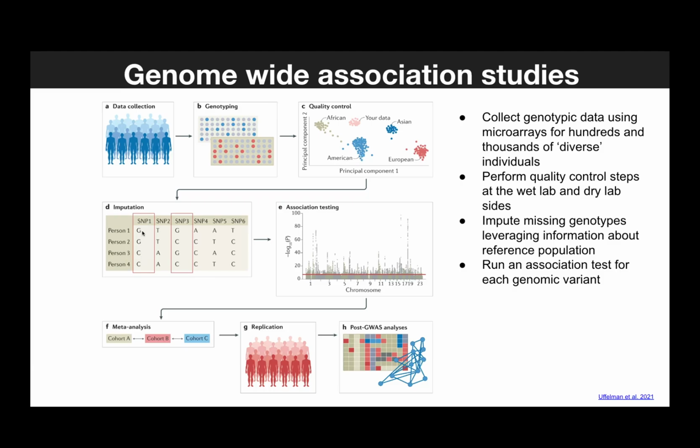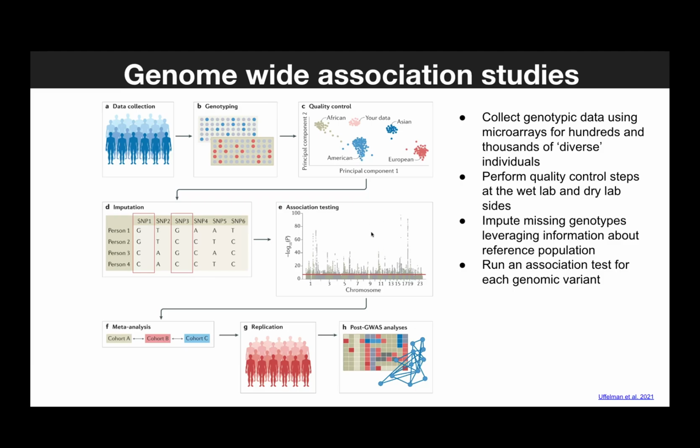What this will essentially correspond to is having a G means having a higher height. That is where the term association comes from. You cannot make it causal, but you're saying that having a G is associated with them having longer height, okay? Or similarly, you can do this for any kind of a trait. This is what is usually shown, and we'll see what exactly this particular kind of plot is called.